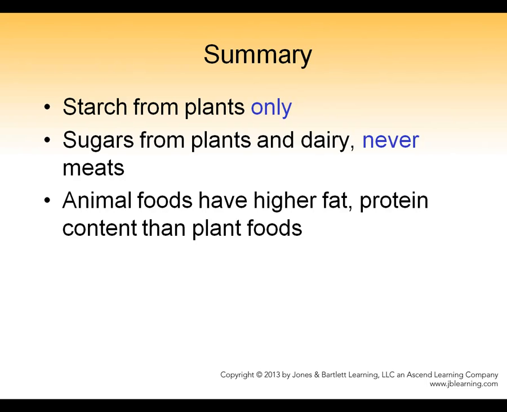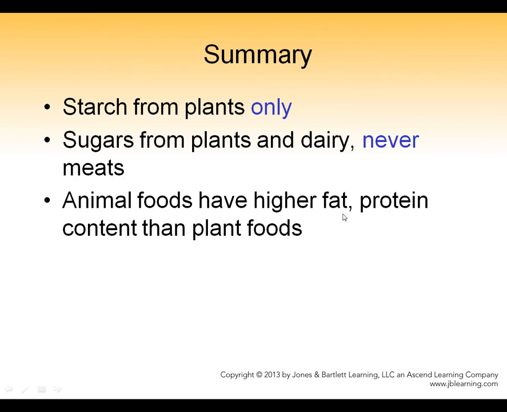When you're thinking about fat and protein, animal foods tend to have a higher fat and a higher protein content than plant foods. But that doesn't mean that plants don't have fat or protein. They're just, for proteins, less digestible, not an ideal match to ours.